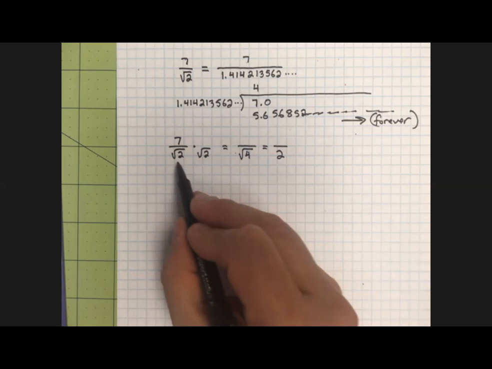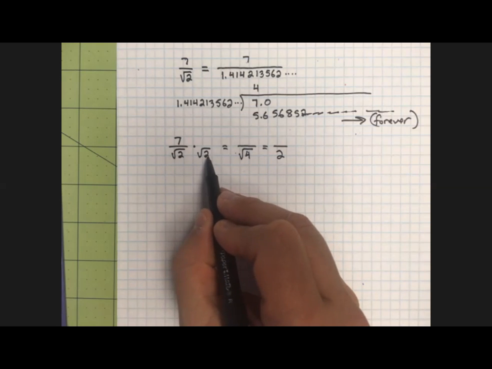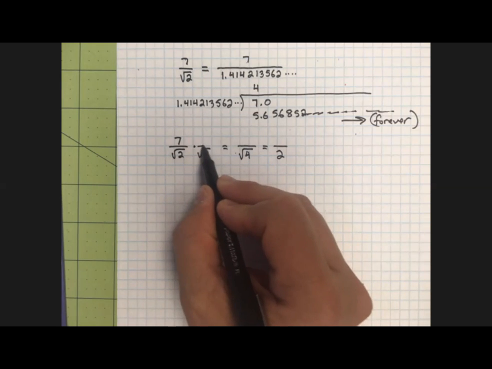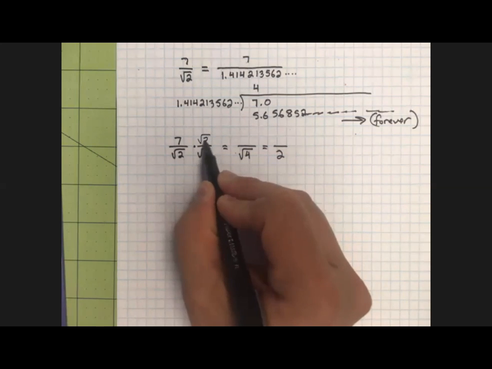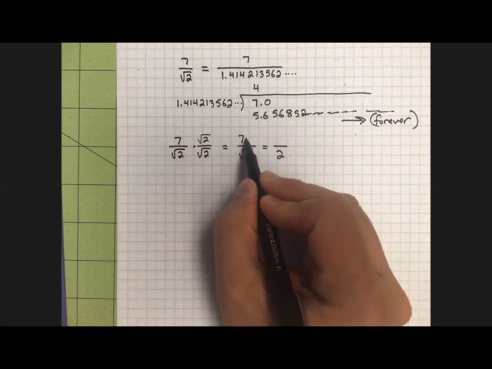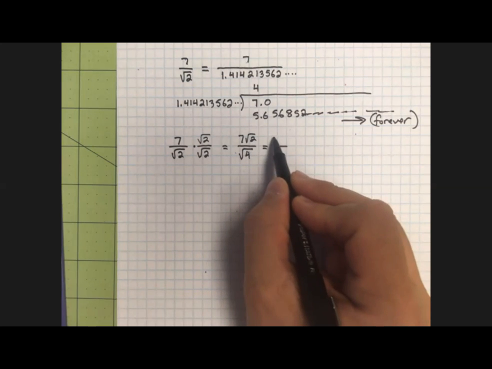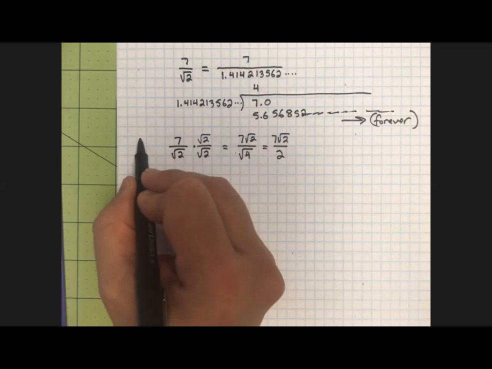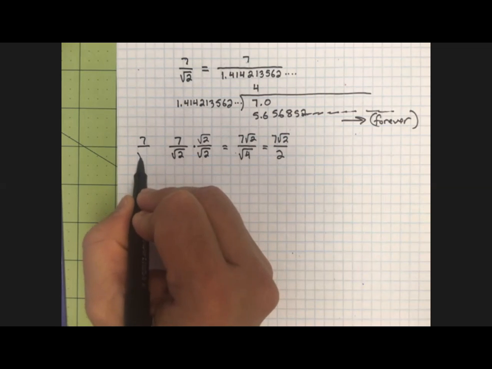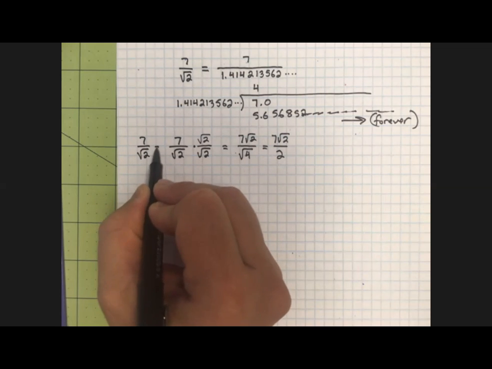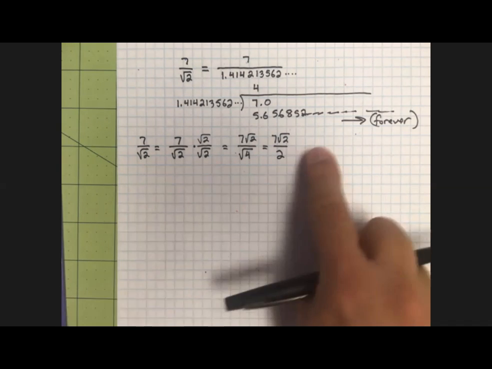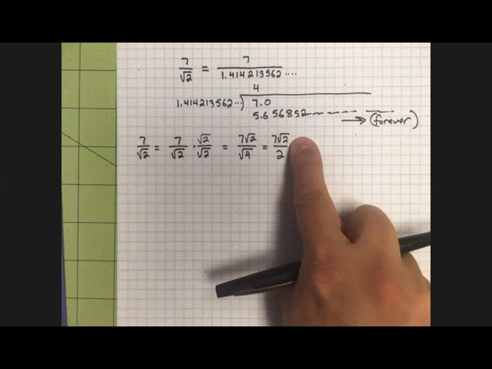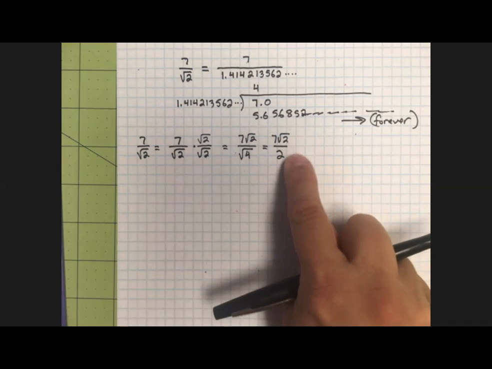Now, you can't just multiply the bottom by the square root of 2 and ignore the top. So I have to multiply the top by the square root of 2 also. So what I've just shown you is that 7 divided by the square root of 2 is the same as 7 times the square root of 2 divided by 2.